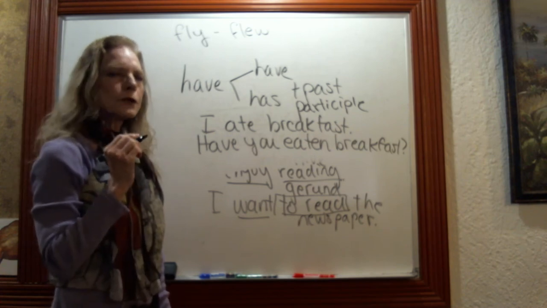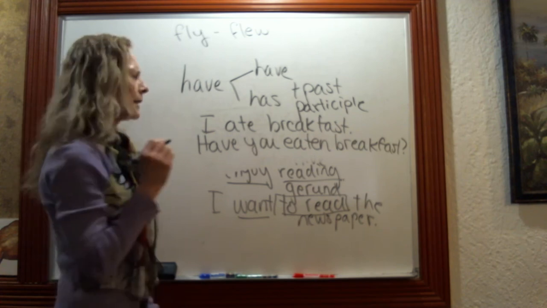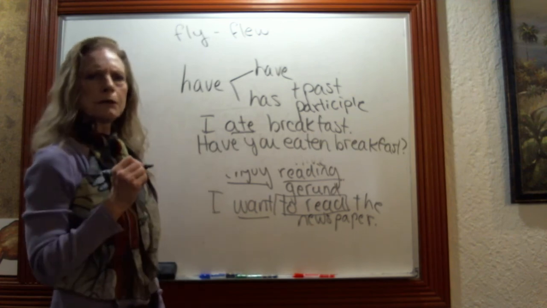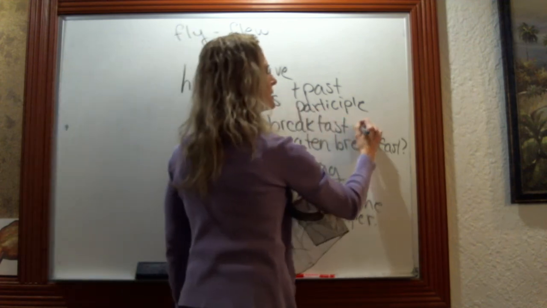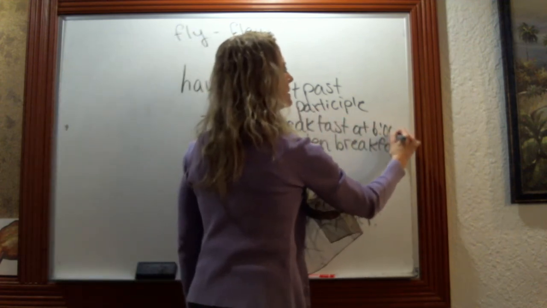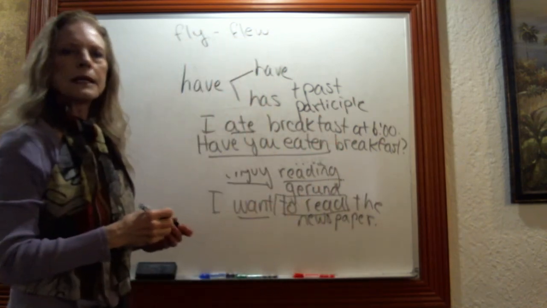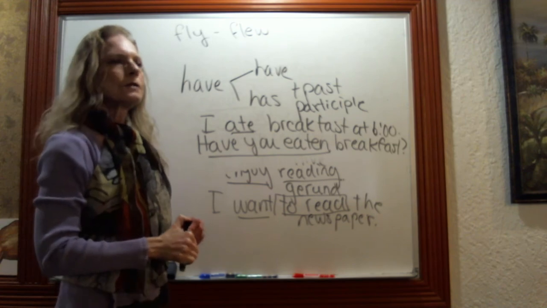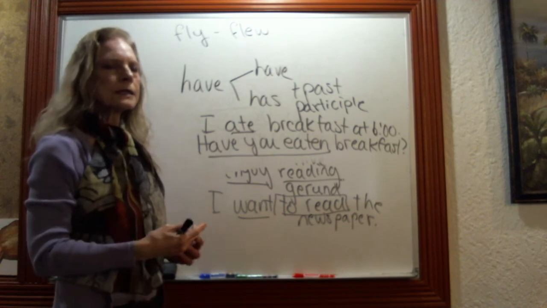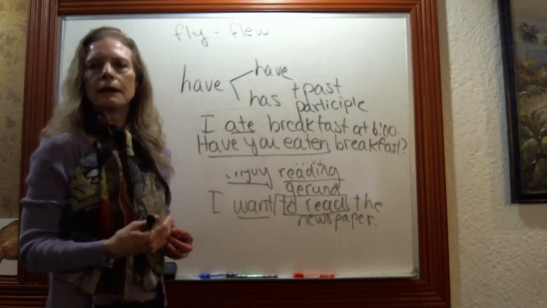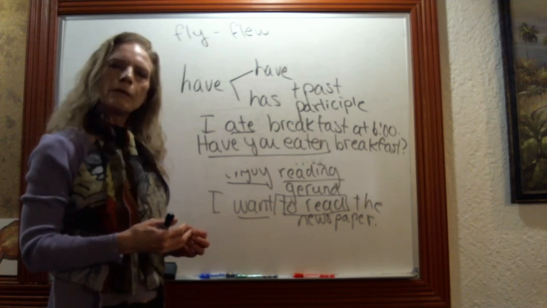Now, if you ask when, I want an exact time now, then you'll be using the simple past. So I ate breakfast at 6 o'clock. But when we use the present perfect, that means something is still open to us. So today is still open to us. And you'll be learning a little bit about that too in the grammar. And we'll talk about it later.